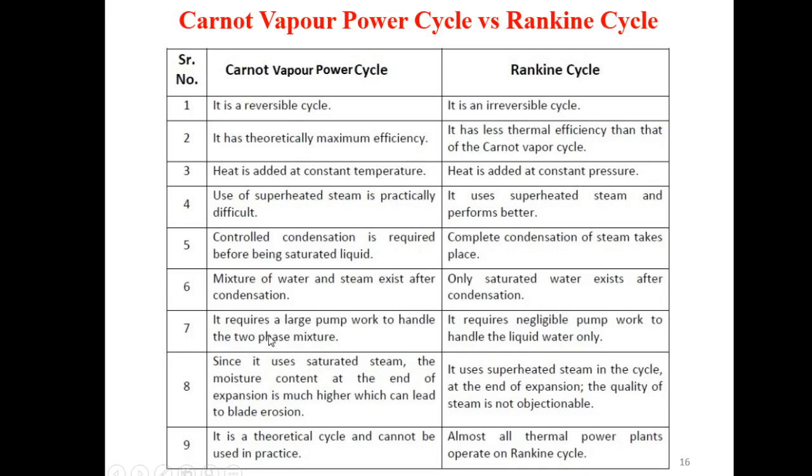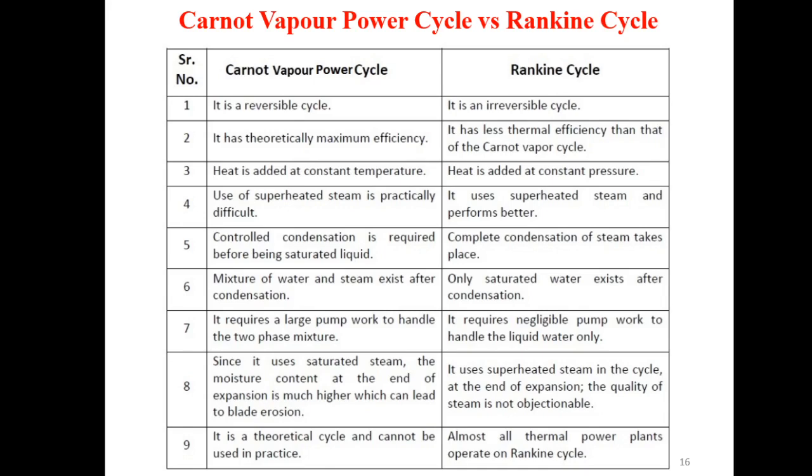Carnot cycle requires a large pump work to handle the two-phase mixture, because point number 3, which is leaving point of the condenser, is a wet point. So for a wet point, the value of the specific volume is large.